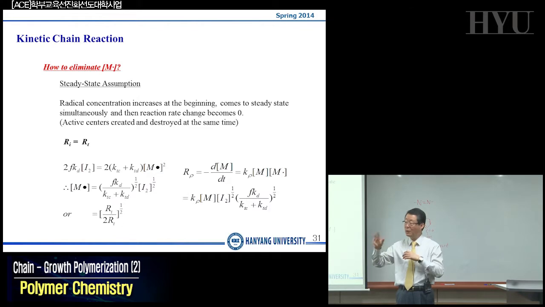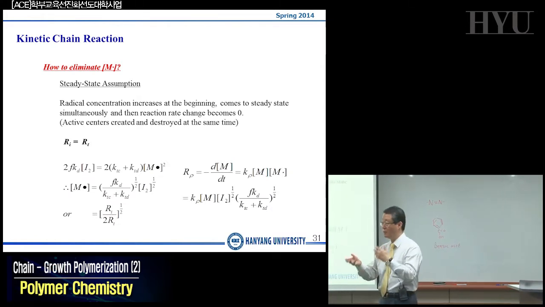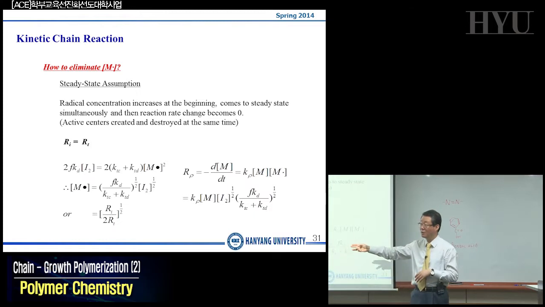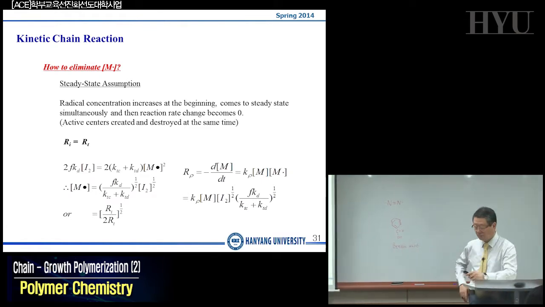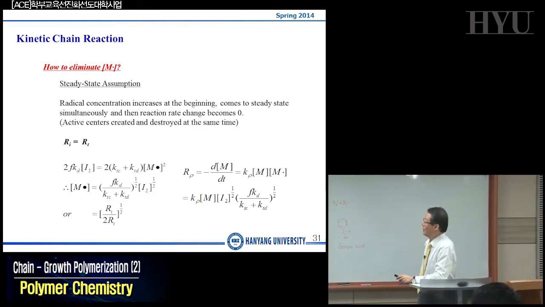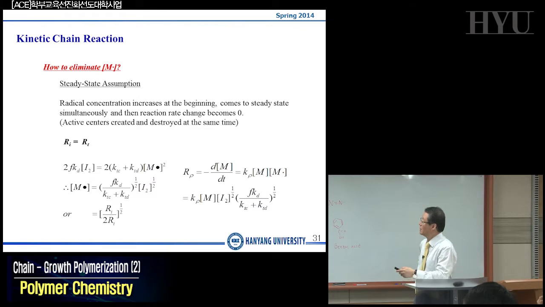So M dot will be eliminated by the assumption, which is called the steady state assumption, and Ri could be equal to Rt, so that you can rewrite this M dot with the known concentrations and variables and replace them. Okay, so this is possible.